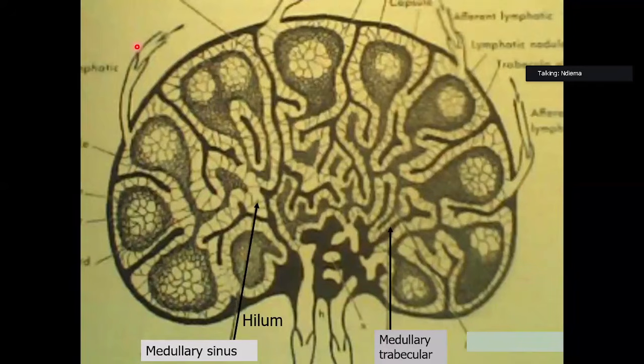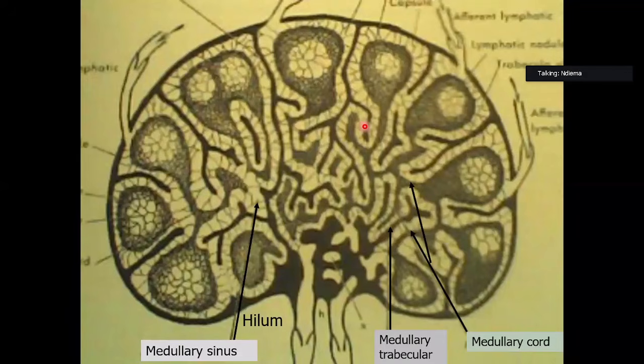At the hilum, this is the area that we refer to as the hilum. This is where we also have the blood vessels enter to supply oxygen and nutrients to the cells of the lymph node. At the hilum, we also have the veins leaving. These are removing the carbon dioxide and also waste products from the tissues of the lymph node.